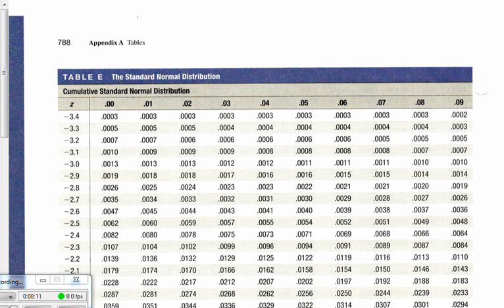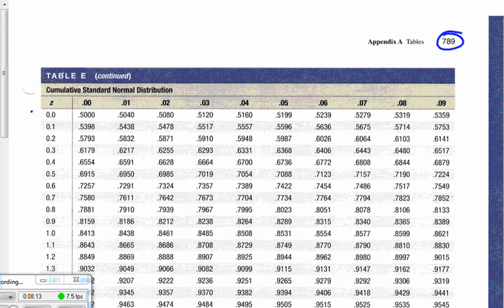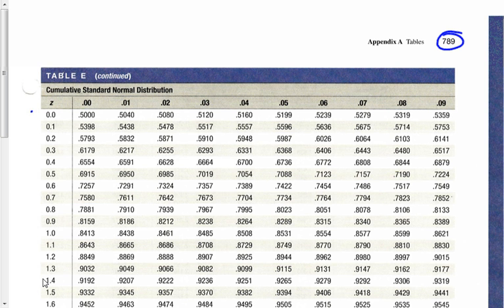Going to our positive z table, 1.5 and the 0.